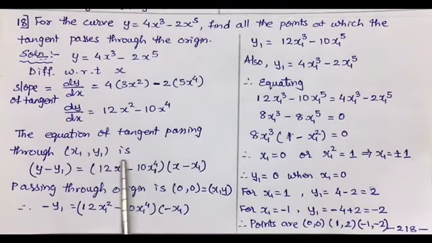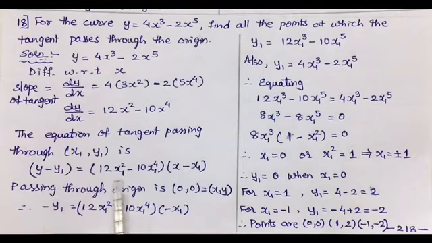Now this slope is calculated at the point x1, y1. Hence instead of writing x here, we have to write x1. So the slope part becomes 12x1 square minus 10x1 raised to 4, into x minus x1.